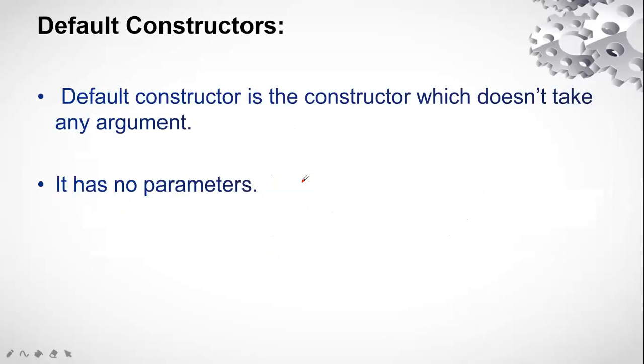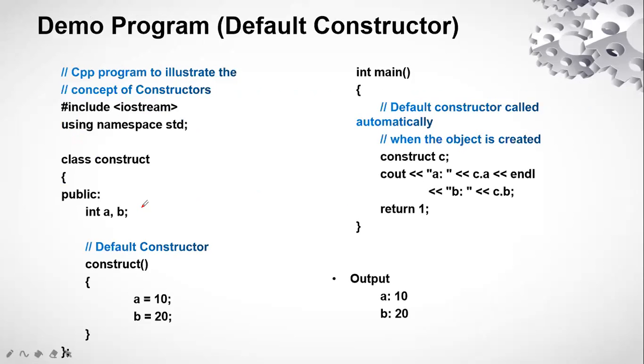Now we are going to see the default and parameterized constructors with the help of programs. The default constructor does not have any argument, so no parameters are passed. Let's see how we do it with a program.